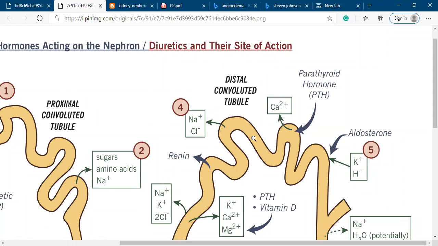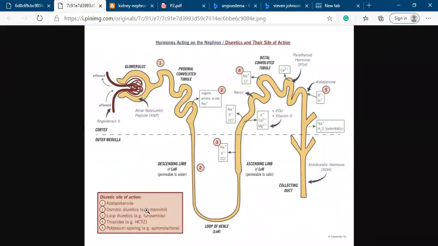So if your patient is diabetic and you prescribe thiazide, you have to tell them to adjust the doses, because thiazide can decrease the effectiveness of anti-diabetic agents.